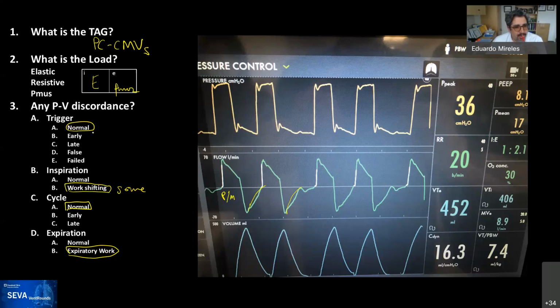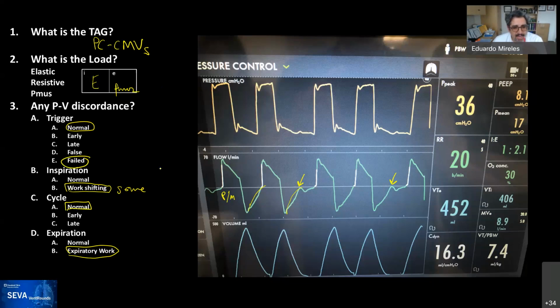In terms of trigger, it seems that all breaths are being triggered except these two that are here. There's one here and there's one here that several of you, Tim, CR, recognized, as well as Ariel. So there are a number of failed triggers here just by the way that the waveform looks.